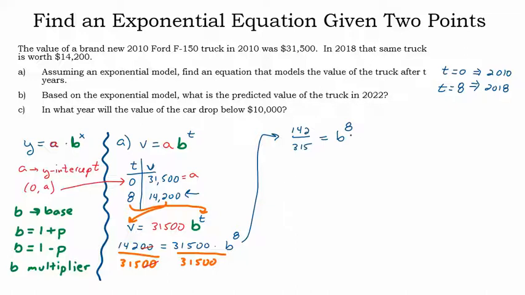Now, how do I solve this b to the 8th? Well, what undoes the 8th power? That would be the 8th root. So there's a couple different ways you could think about this. You could do the 8th root, so you need to know how to do this on your calculator. If you don't, drop me an email. Or another way that you could punch it in is take it to the 1/8 power.